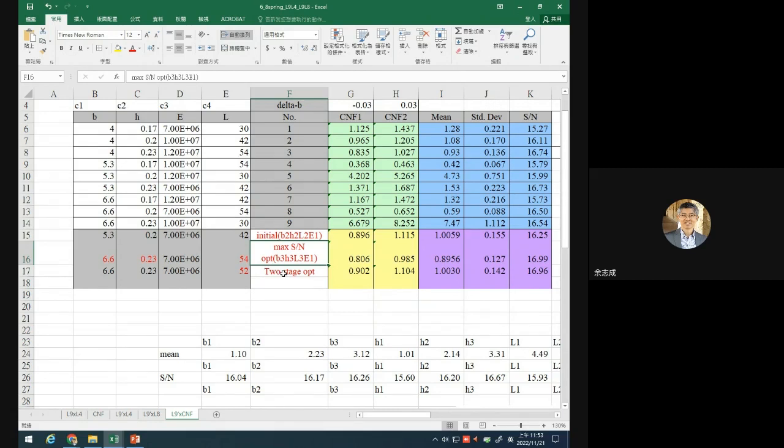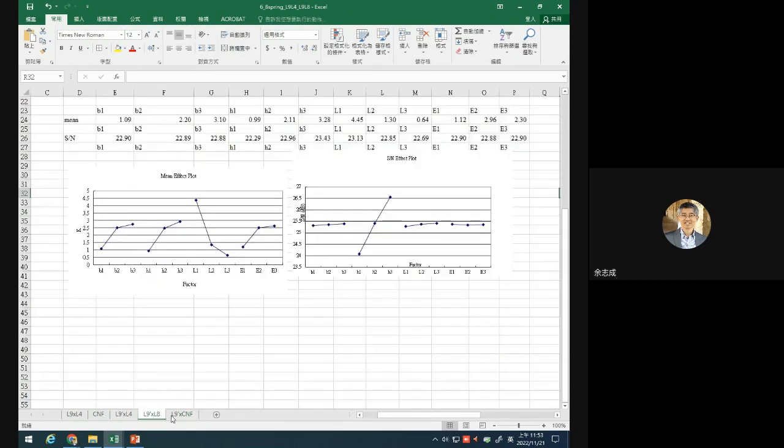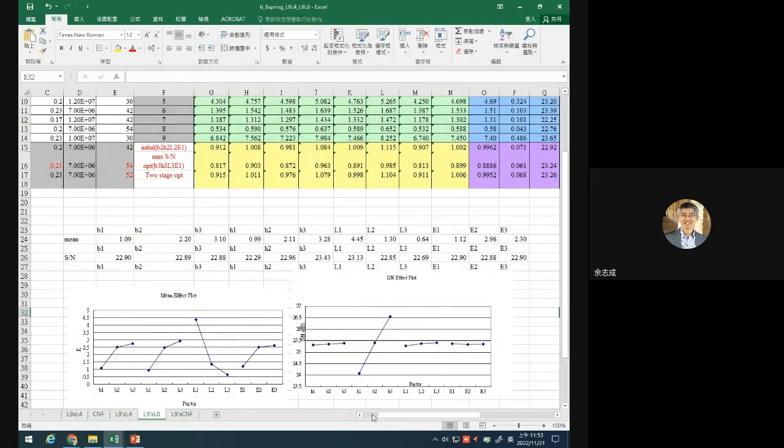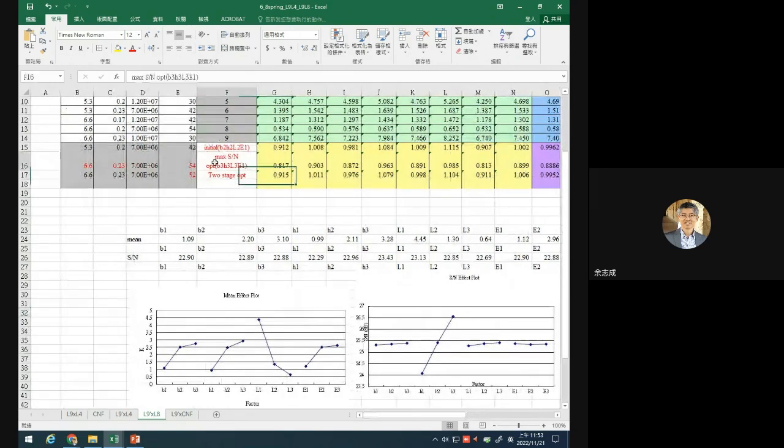That's the reason we are using compound noise factors, right? We only use 18 experiments. However, we still have the same first stage optimization as the original L9 by L8.